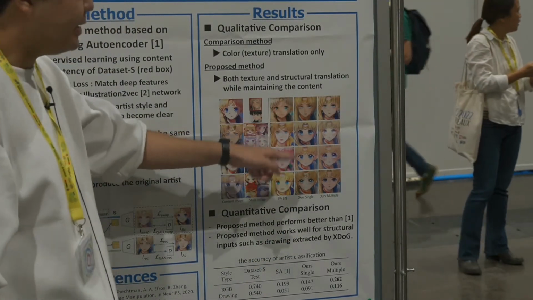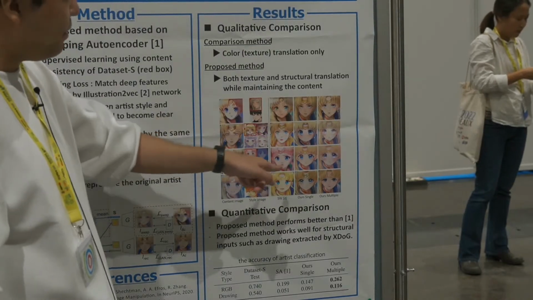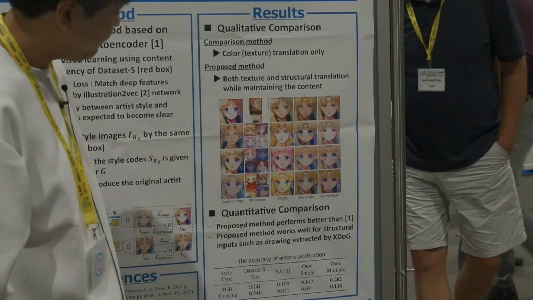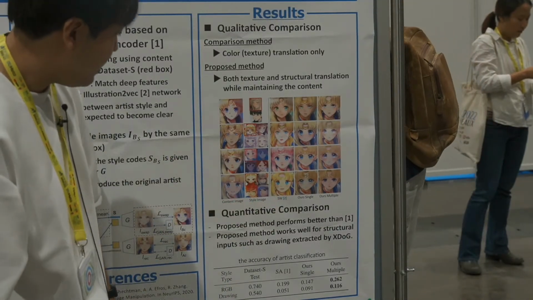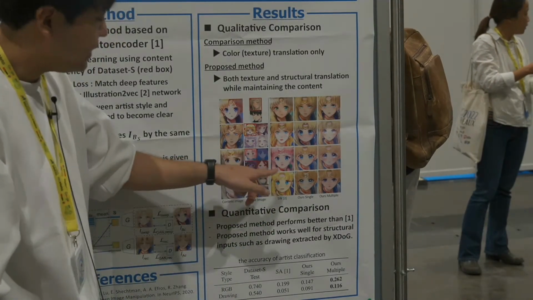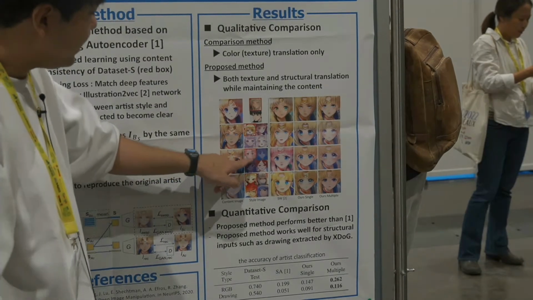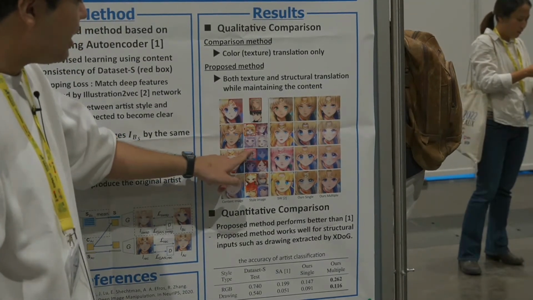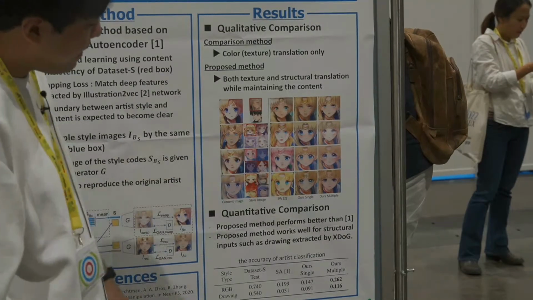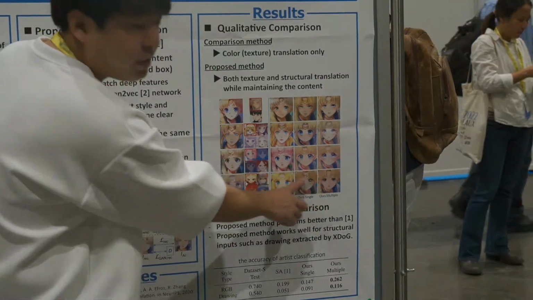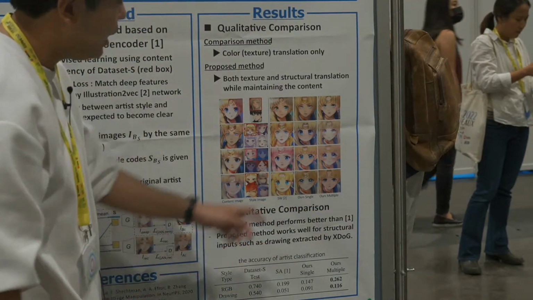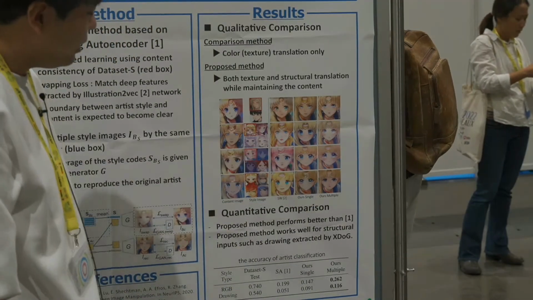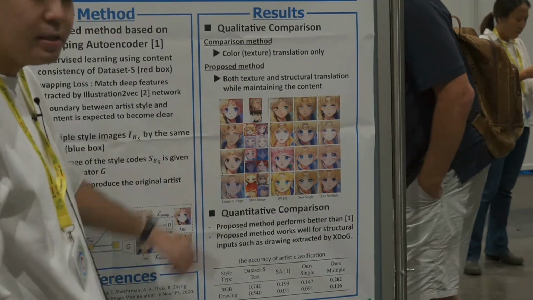The output samples are shown here. Swapping autoencoder generates using just color features, but our method can generate output images correctly using style images.